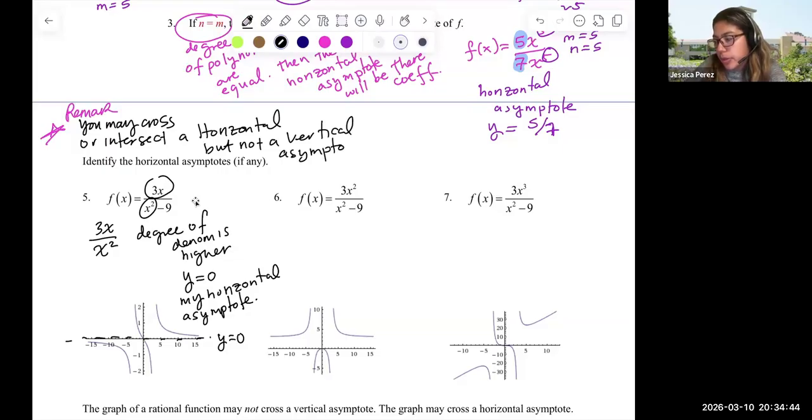They're different. So here in example 5, notice that this function crossed the horizontal asymptote. That's okay, but not a vertical.